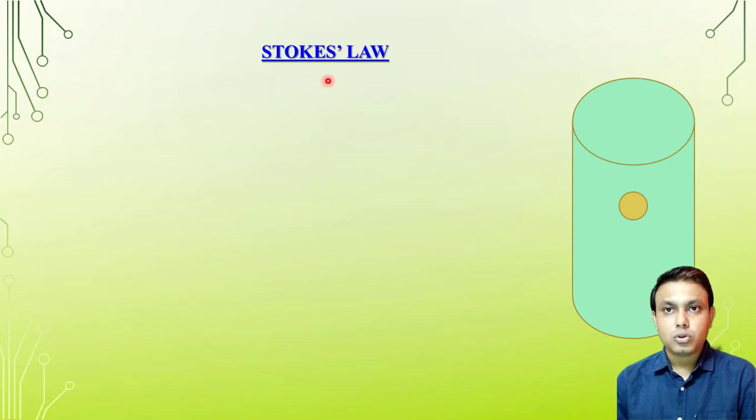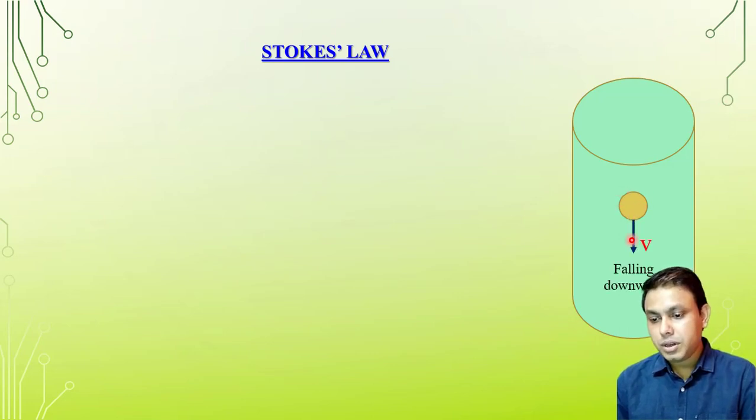Now Stokes law. What is Stokes law? If we consider a solid sphere falling through a viscous medium, then when it is falling, the liquid molecules which are very close to this surface also fall with this sphere. Why? This is due to the adhesive force between the liquid molecules and the solid.